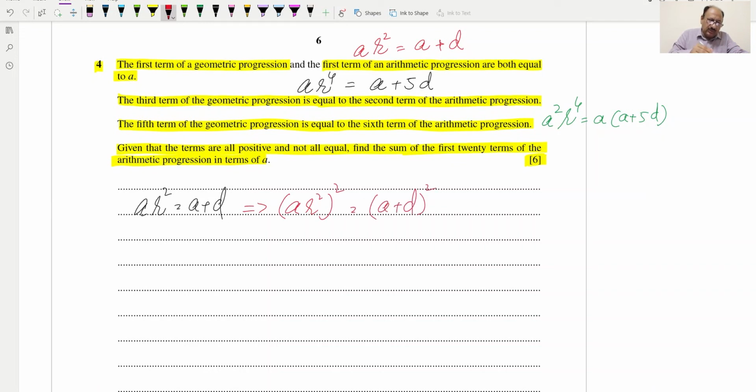So we can write like this also, and a r raised to the power 4 is equal to a plus 5d. So now next is what?